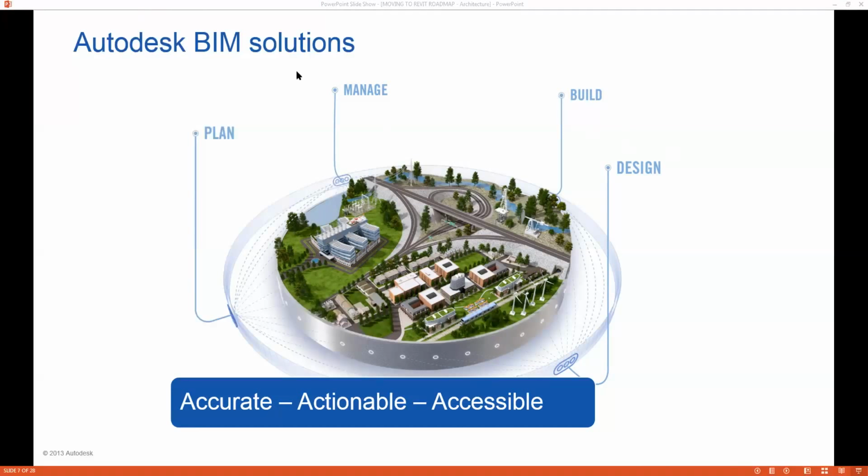And all Autodesk BIM solutions are accurate, actionable, and accessible, meaning that it helps to make all of this design they're working on more accurate, actionable, accessible.